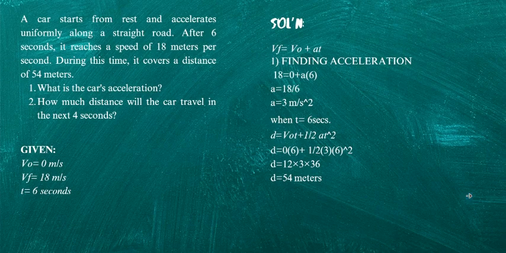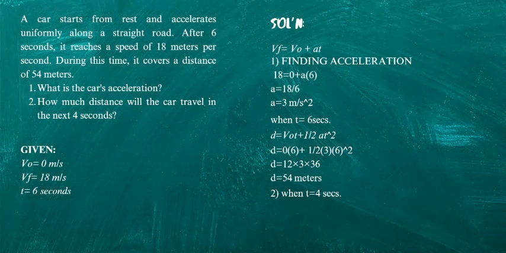To calculate the distance traveled in the next 4 seconds, we need to find how much distance the car will travel in the next 4 seconds, assuming it continues to accelerate at the same rate of 3 meters per second squared. First, let's find the new speed of the car after 10 seconds, since it's already been 6 seconds and we are adding 4 more seconds.